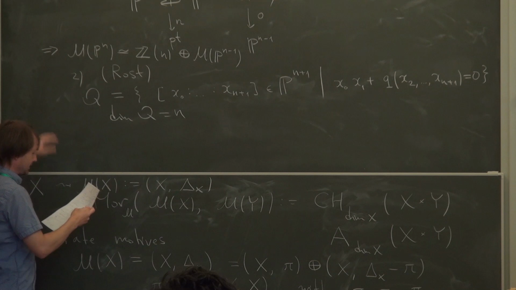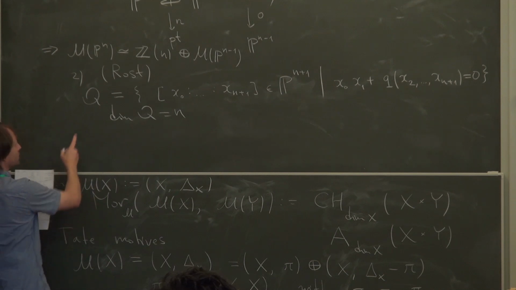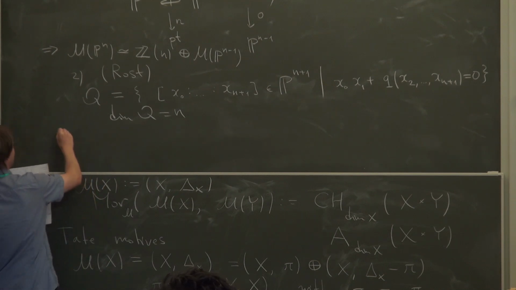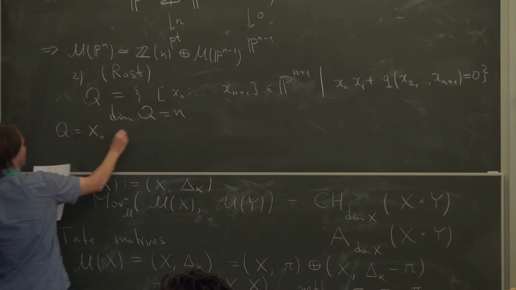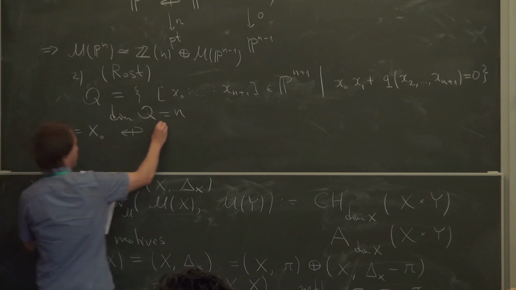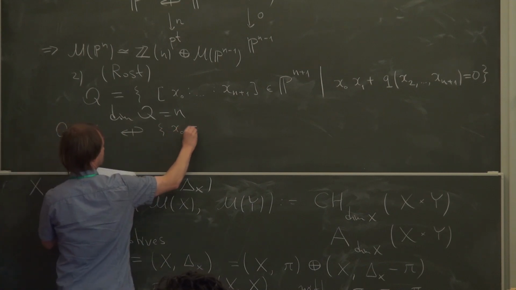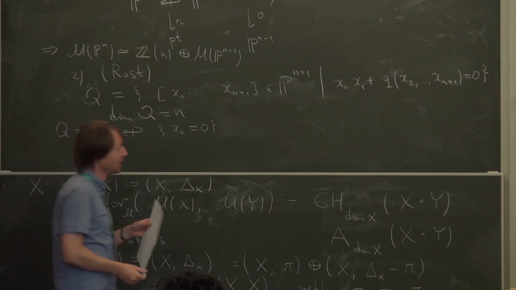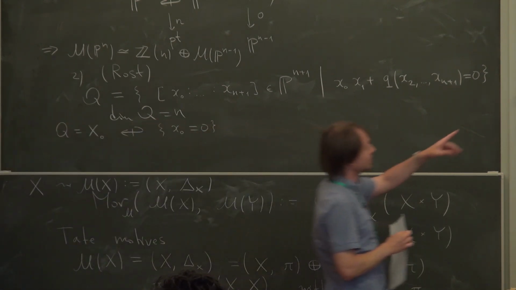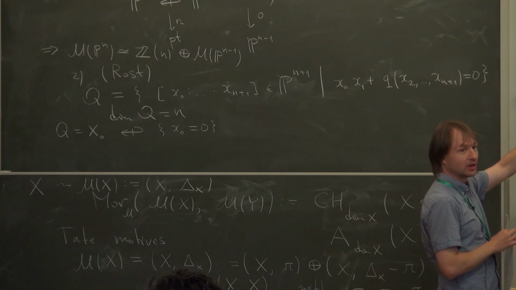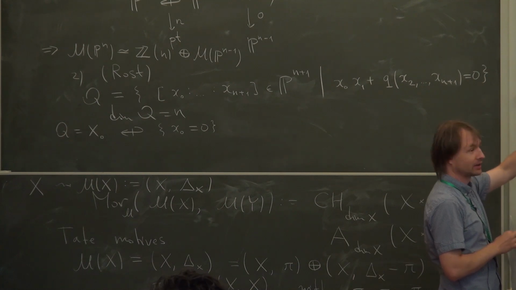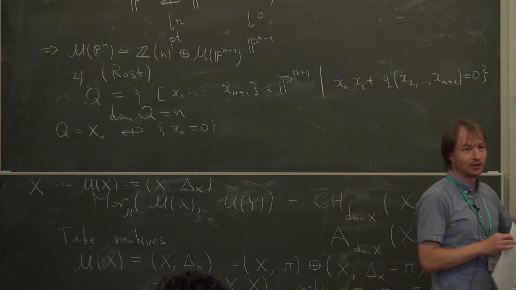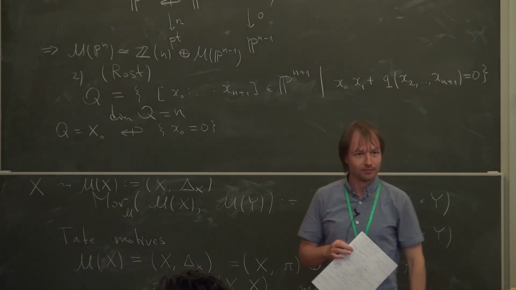Okay, so let's consider the following filtration of Q. So Q will be X0. Then we take the following subvariety, given by a simple equation x0 equals 0. Note that I said that the Y's are smooth and projective, and I did not say anything about the X's. They are usually not smooth, but it's okay.